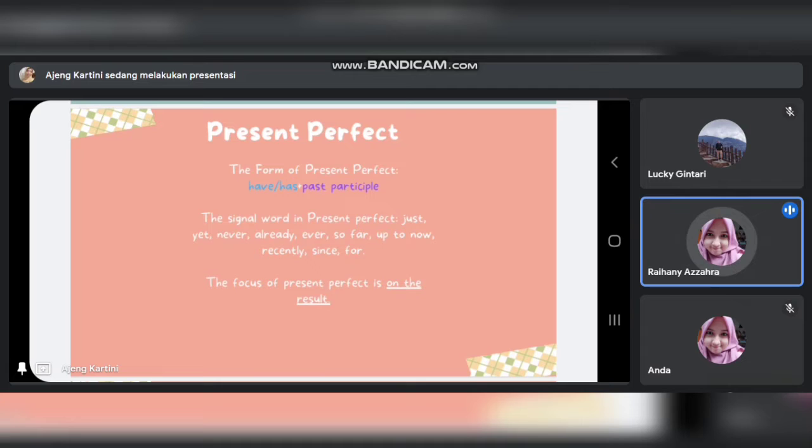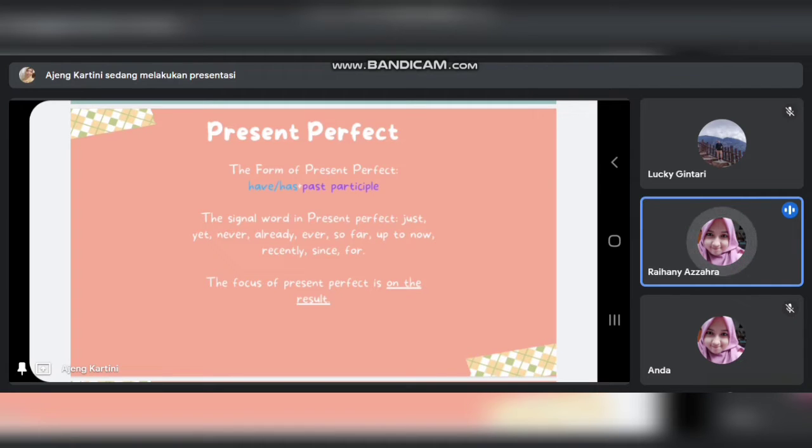The signal words in present perfect are just, yet, never, already, ever, so far, up to now, recently, since, and for.